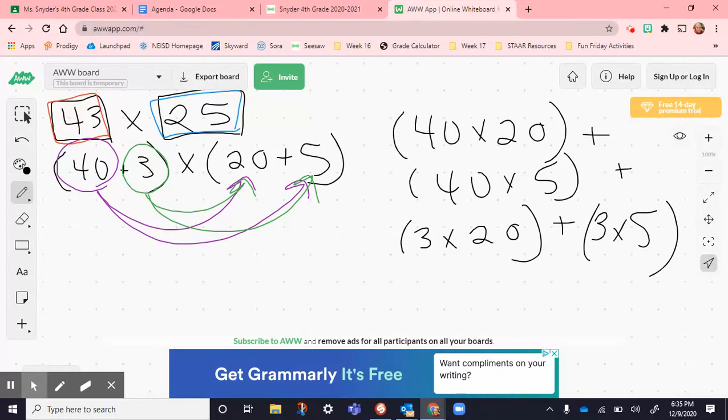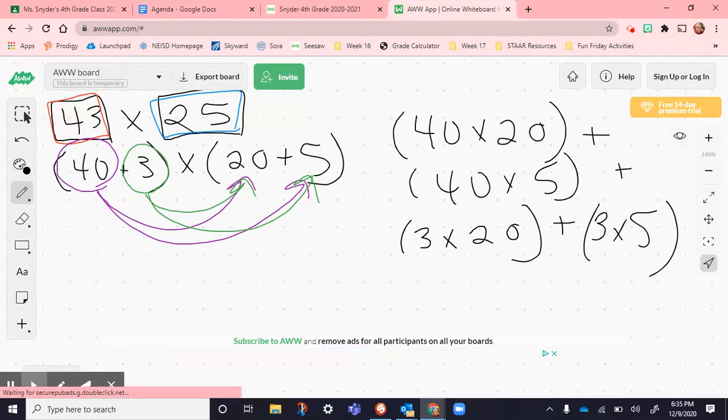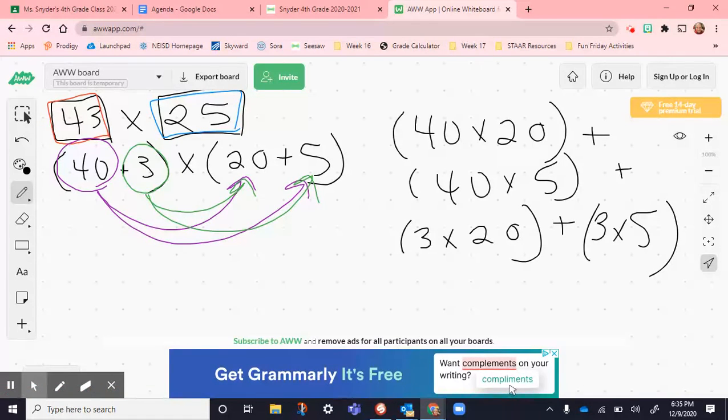So that distributive property is what we're doing there. Then we would multiply those all out to get our partial products, and then add up those partial products, and that would give us our complete product of what 43 times 25 equals.